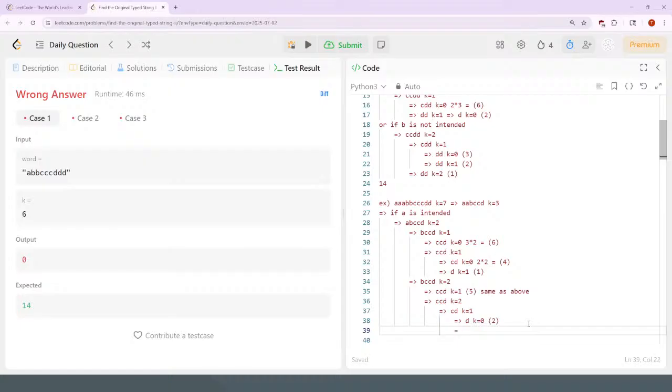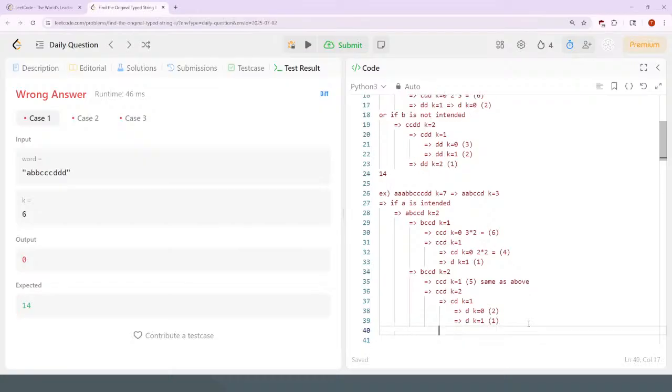Or if the first C was not intended, then DK equals 1, which is 1. Alternatively, if the first C was not intended, then the second C is not intended, and I have DK equals 2. And there's 0 ways of doing this. You can't have two things intended where the length of the string is less than 2.